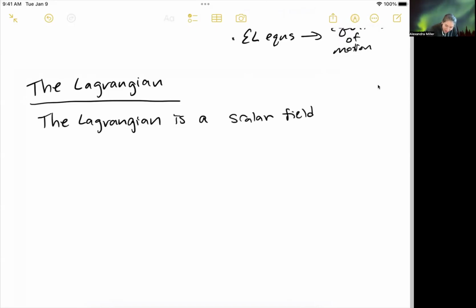Or in field theory, I guess it's a scalar field. It's a scalar object, I guess I should say more generally, that usually can be computed very simply by the kinetic energy minus the potential energy of your system.